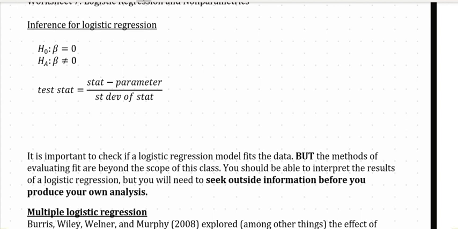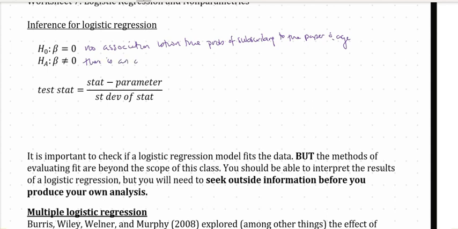If the slope really is exactly 0, that means there is no association, in this case between the true probability of subscribing to the paper and age. The alternative is that there is an association.